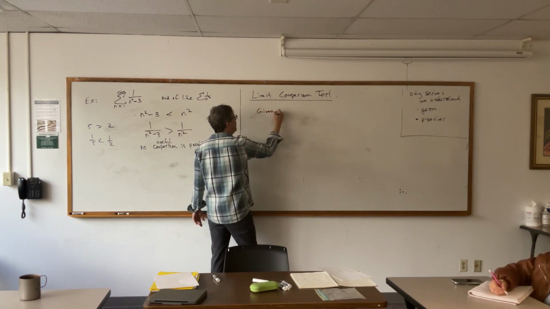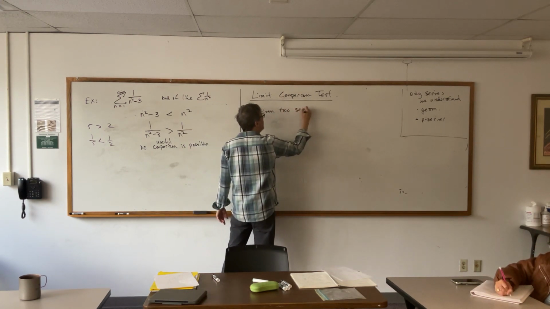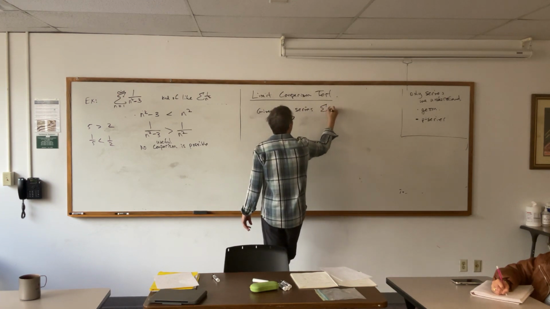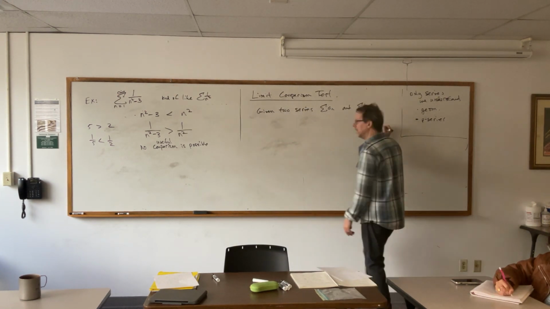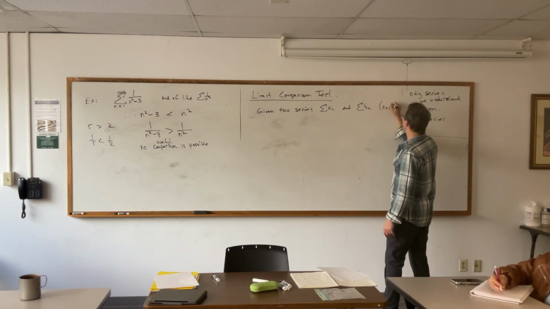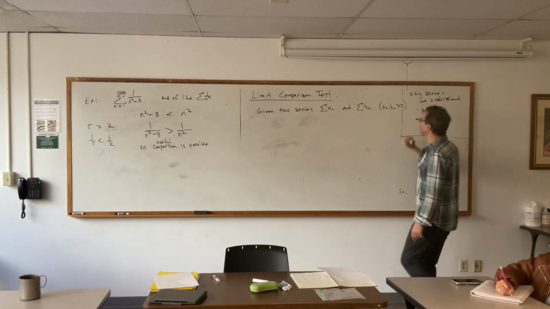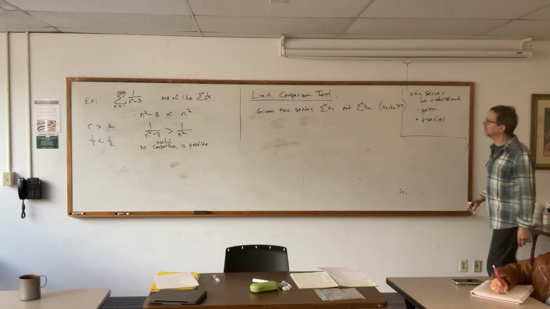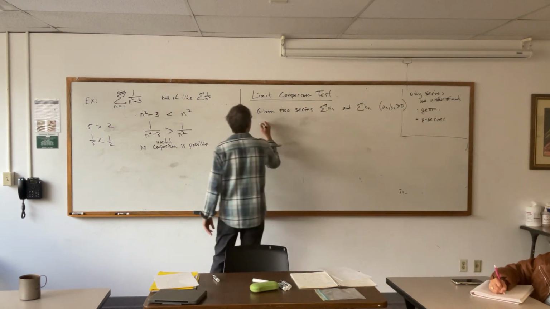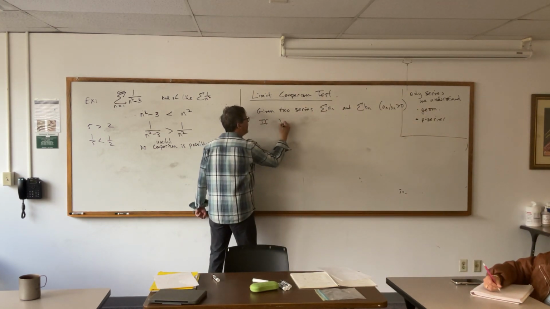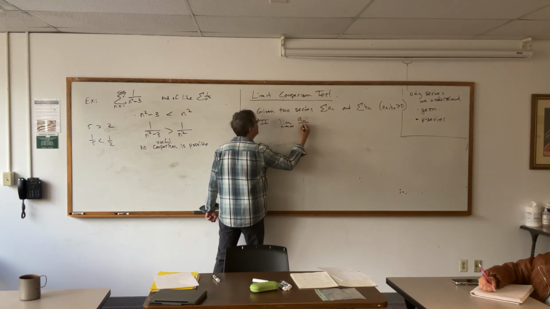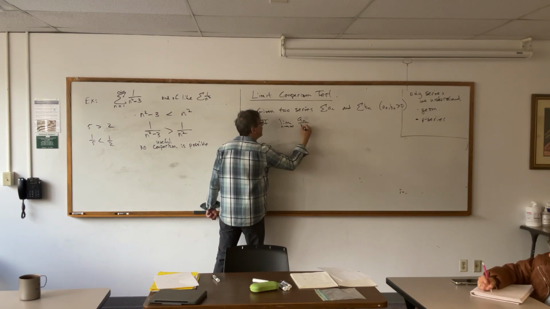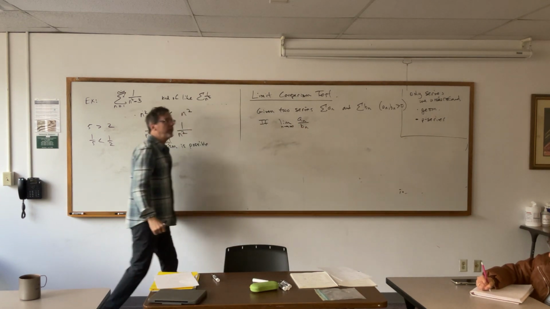Given two series, A sub n and some B sub n, and let's assume that all the terms are positive. If the limit as n goes to infinity of the ratio of the terms.